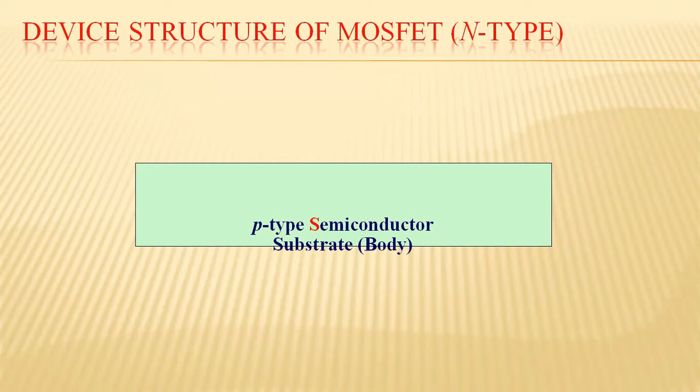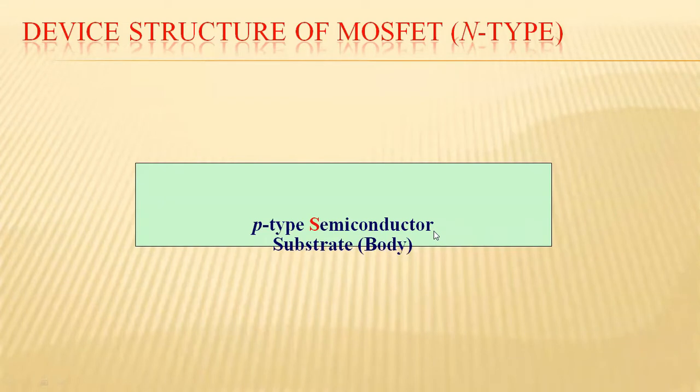Whereas in the case of N-channel JFET, the substrate taken was N-type material. But coming to the MOSFET, for N-channel MOSFET, the substrate taken is P-type, the opposite type. Okay, for JFET, the substrate is the same type of material as the channel. But in case of MOSFET, the substrate taken is of the opposite material of the channel. So here this is N-channel, meaning the substrate taken is a P-type substrate.